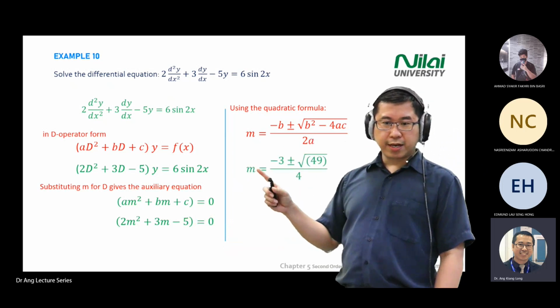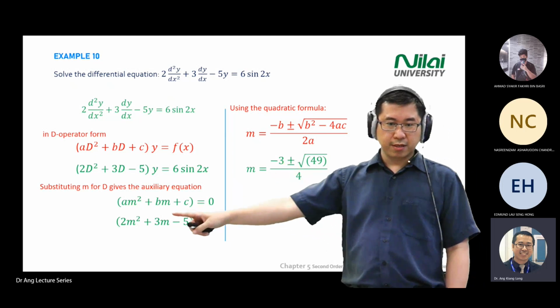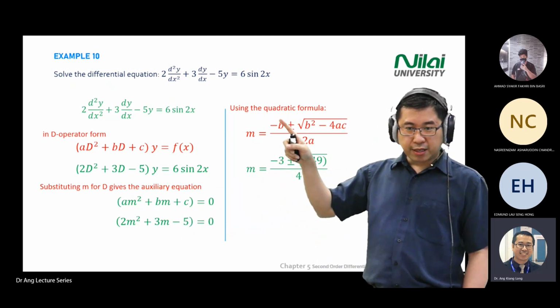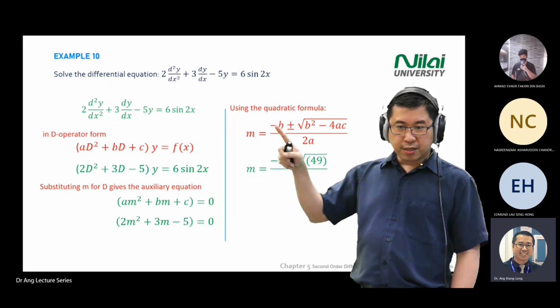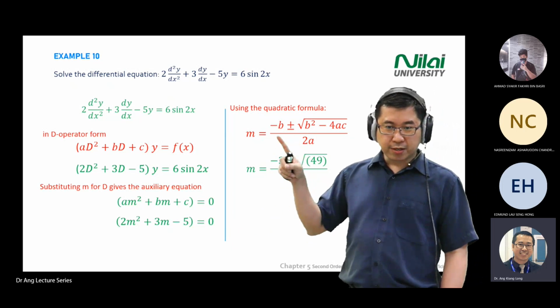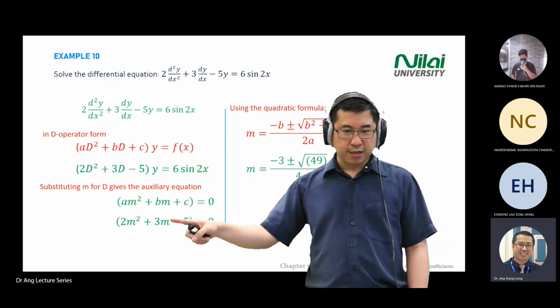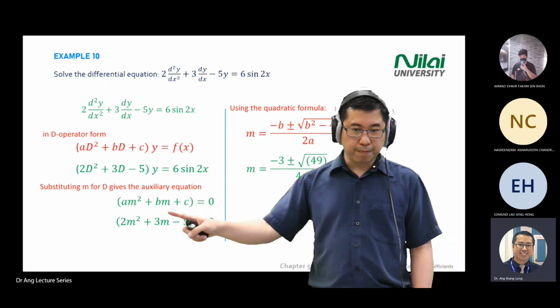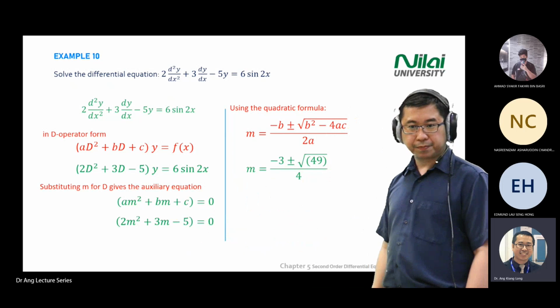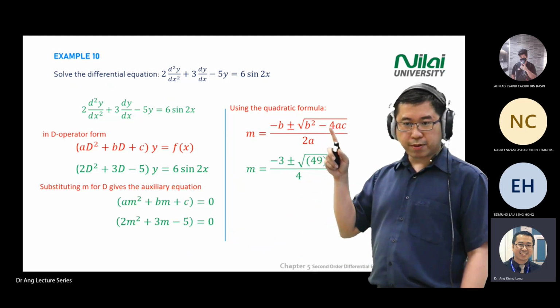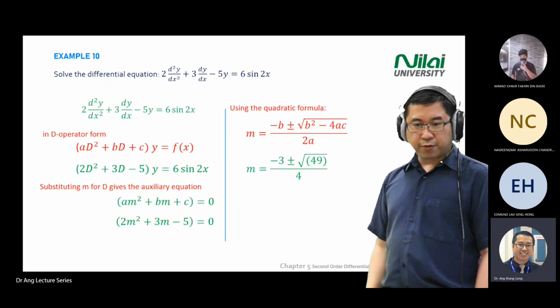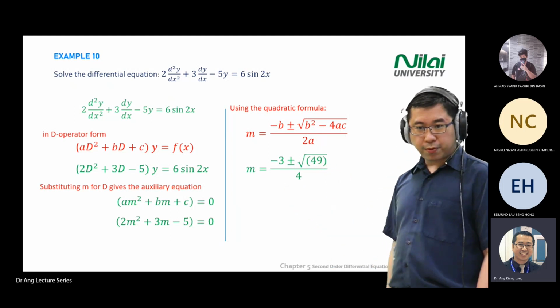Okay, you will get minus 3. This is also one of the favorite mistakes here. The standard formula already gives you minus, and here b is positive. So when you input the number, also be careful. Minus 3, square root, you can find what is b squared minus 4ac. You get 49 divided by 4.